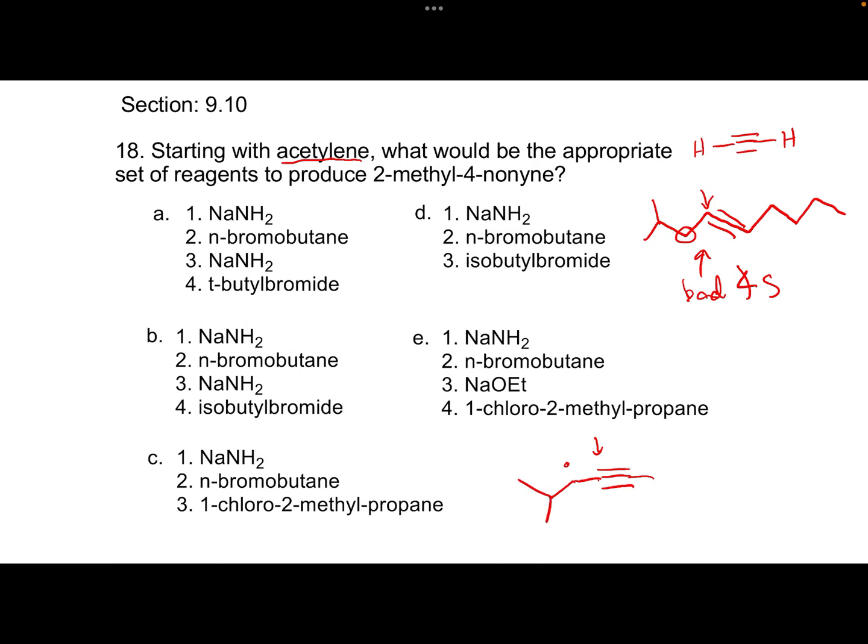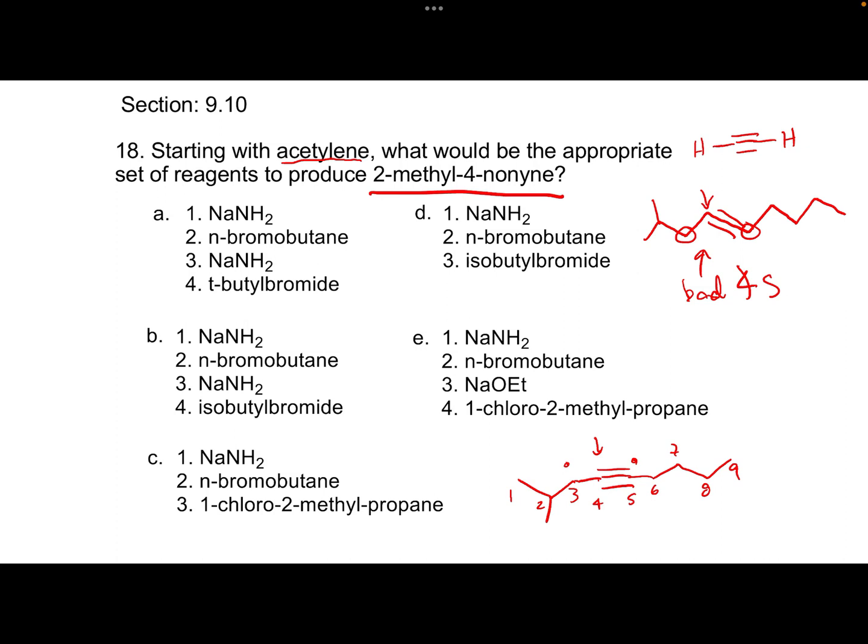So here we see our 2 group, okay, and now I've got this carbon here represented over there, and we go to 1, 2, 3, 4, so we're at 1, 2, 3, 4. Okay, so if we count all this up, 1, 2, 3, 4, 5, 6, 7, 8, 9. All right, so there's our 2-methyl-4-nonyne.